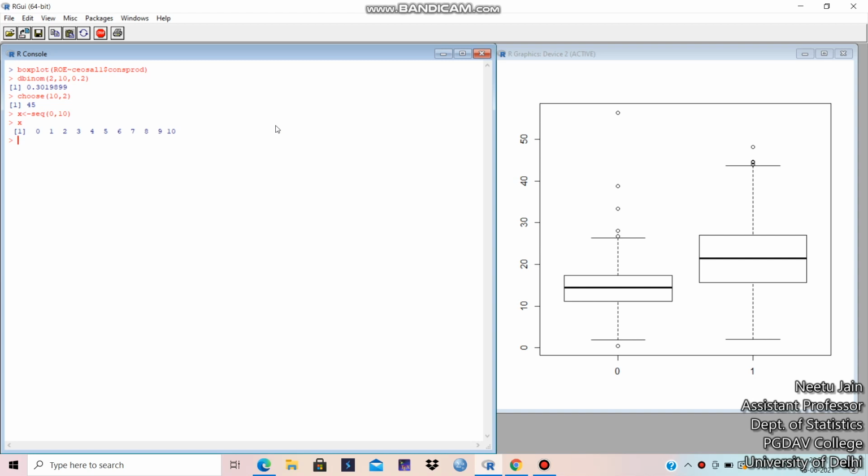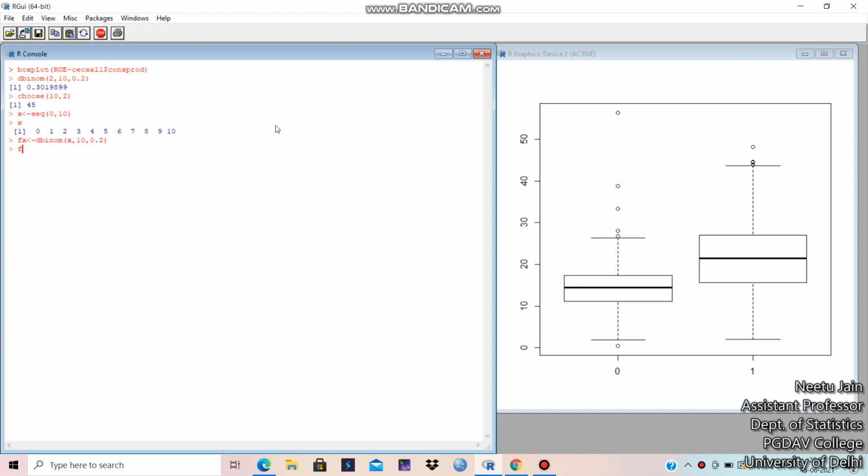So how to calculate fx? Suppose dbinom, now x, comma, 10, 0.2. So this will calculate all the values of the probability mass function at these x values.